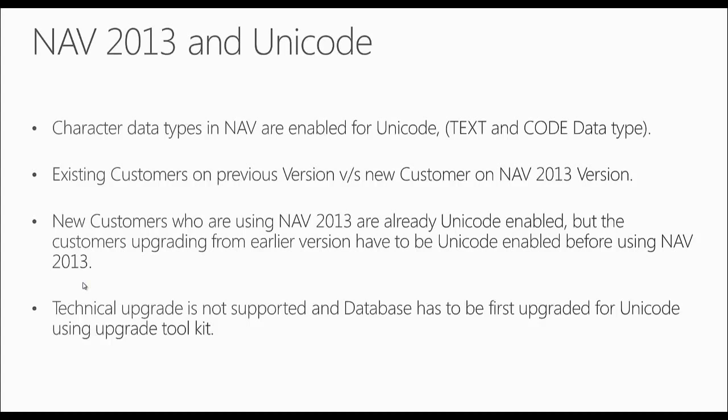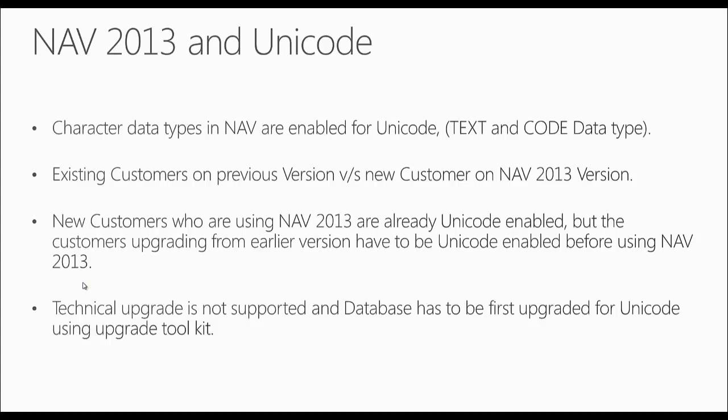There are though some situations when existing customers are using a new version of NAV or upgrading from an earlier version to NAV 2013, or new customers who are directly coming on NAV 2013. New customers using NAV 2013 are already Unicode enabled.